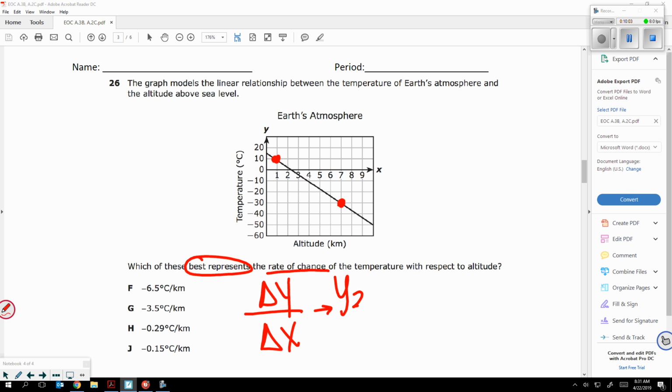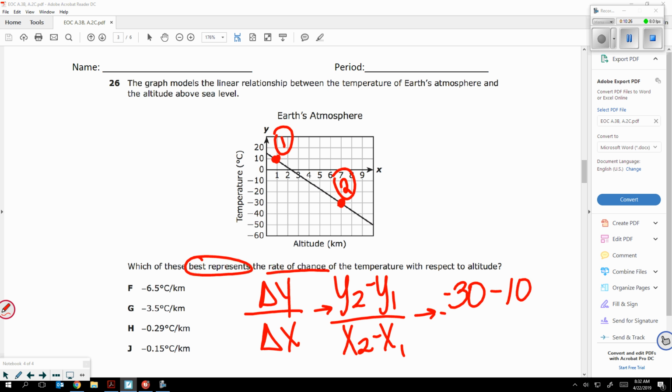So remember it's y2 minus y1 over x2 minus x1. Let's say this is 1, this is 2. What is the y value of my point 2? Negative 30 minus, what's the y value of my point 1? 10 divided by, what is the x value of point 2? 7 minus, what's the x value of point 1? 1.